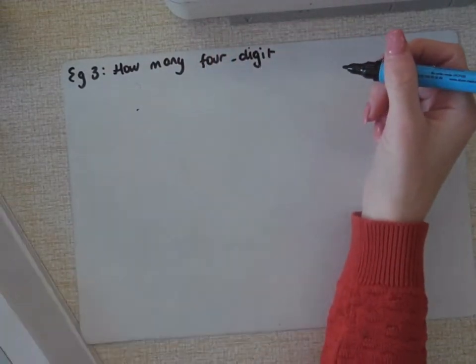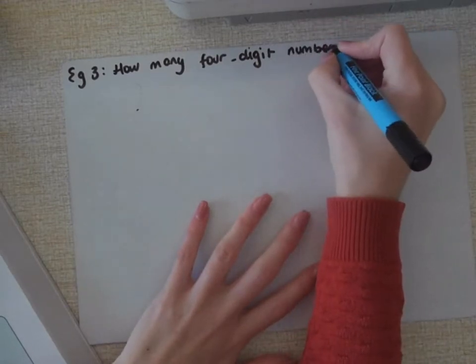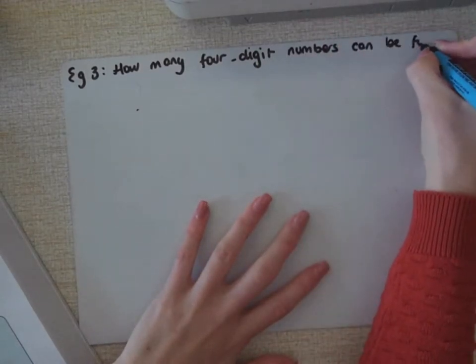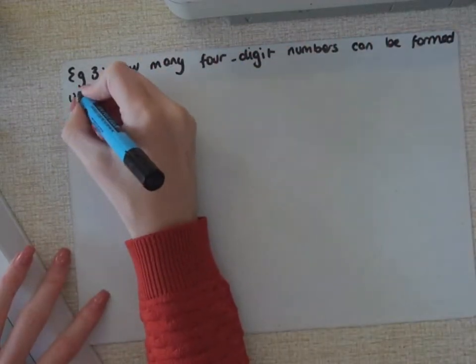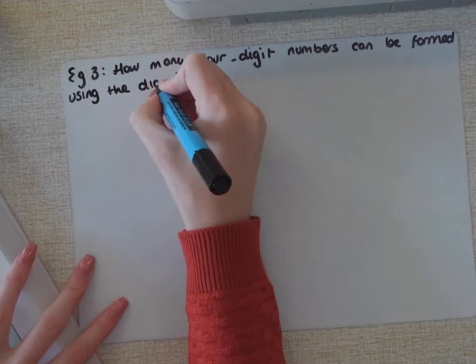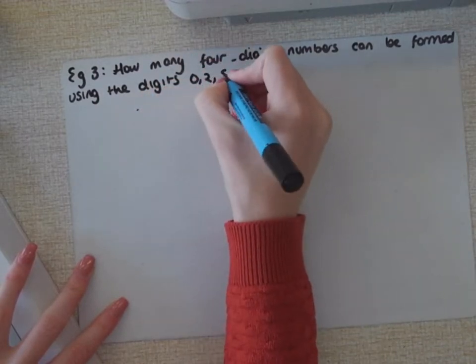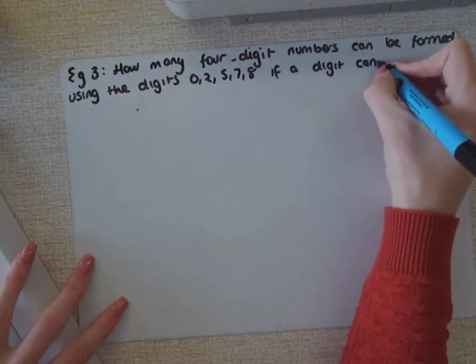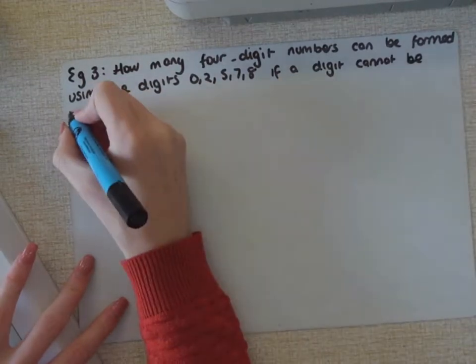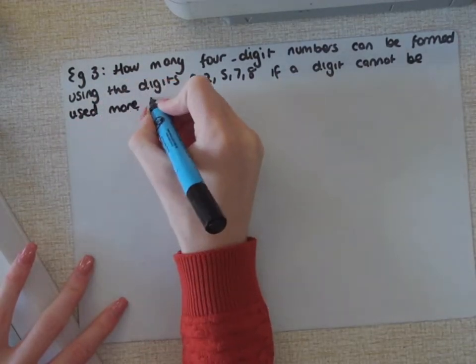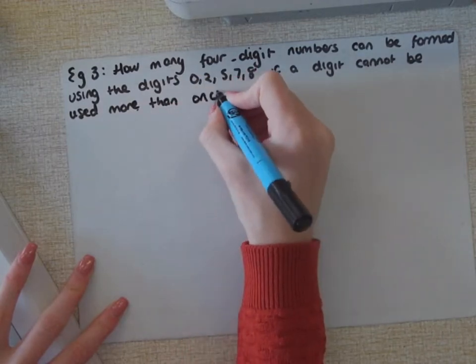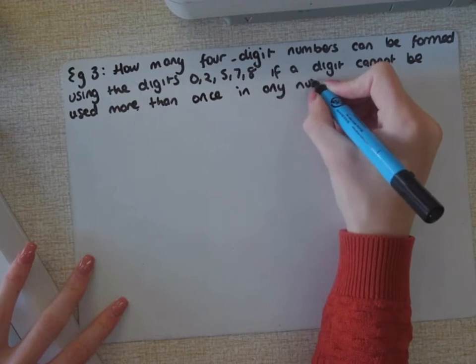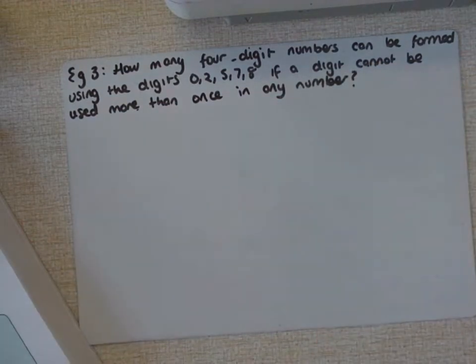So this is going back to permutations. How many 4-digit numbers can be formed using the digits 0, 2, 5, 7, 8 if a digit cannot be used more than once in any number?